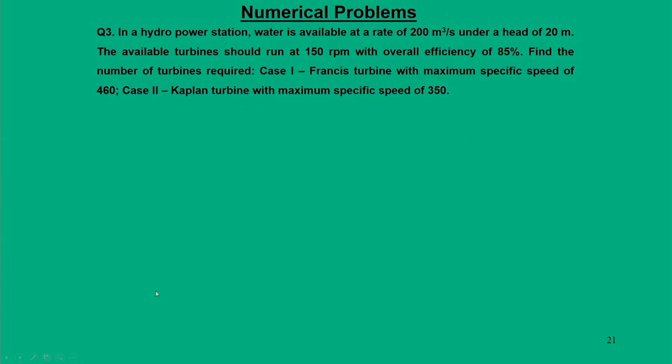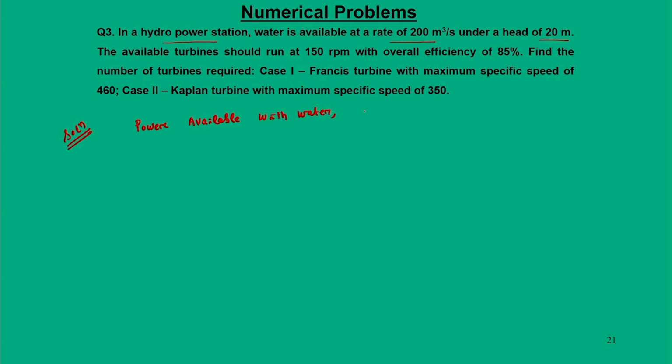And the last problem is about the comparison of turbines. So, what we have is that in a hydropower system, water is available at a flow rate of 200 meter cube per second and head 20 meters. So, we can say what is the power available with water.